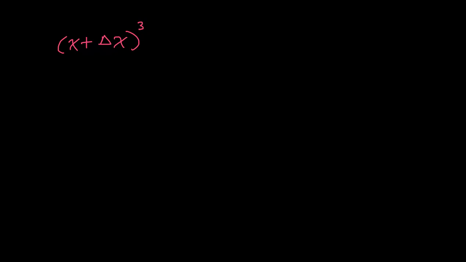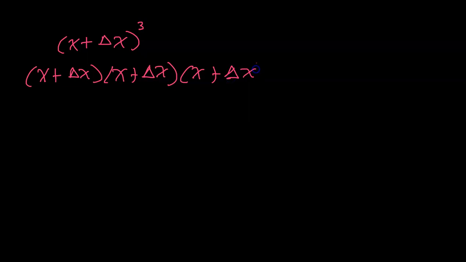We're going to do some calculations off to the side right now and then just substitute it back in, because one part of what we have to calculate is this, the quantity x plus delta x cubed. Now this means x plus delta x times x plus delta x times x plus delta x.